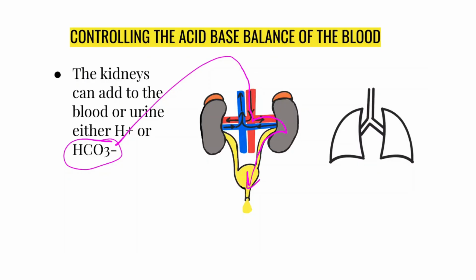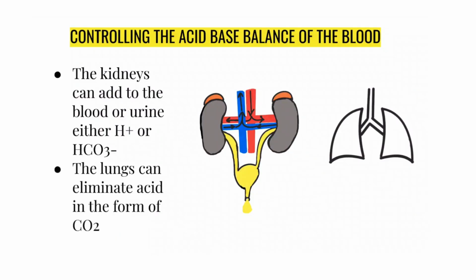So the kidneys can eliminate either acids or bases depending on the situation that is needed to maintain the proper pH of our blood. Of course, the kidneys don't do this alone. The lungs are super important in maintaining this too, and they do this by controlling the levels of carbon dioxide.